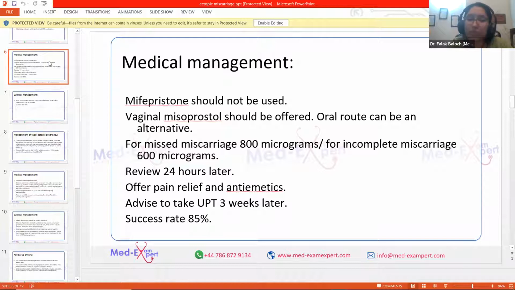So along with misoprostol, you always give pain relief. You also give antiemetics, and you advise the patient to take a urine pregnancy test 3 weeks later to make sure that the management has been successful. Mifepristone is not required in miscarriage. It is basically used for abortions or terminations.